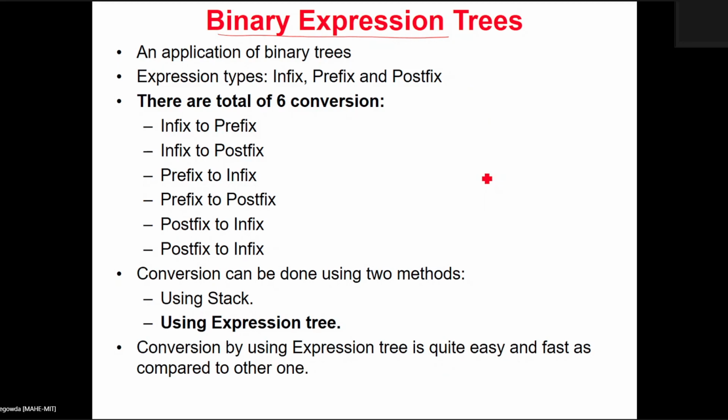In the linked list chapters, you have learnt about the infix notation, prefix notation, and postfix notation of expressions. If you are given an expression in any one form, whether infix, prefix or postfix, it is possible for you to convert it to the other forms.